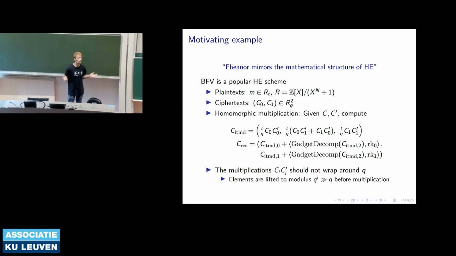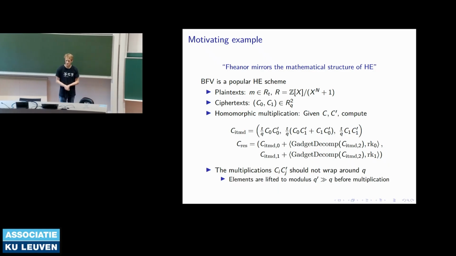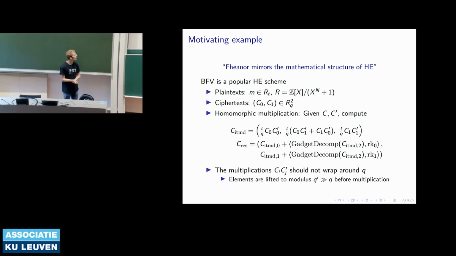If you write a paper relating to BFV, you would usually define it in basically these three lines. If we have two ciphertexts and we want to compute a homomorphic multiplication, we would first compute this intermediate ciphertext, which is a tuple of three elements. Each element is an element of the convolution of (c0, c1) and (c0', c1'), scaled by t over q.